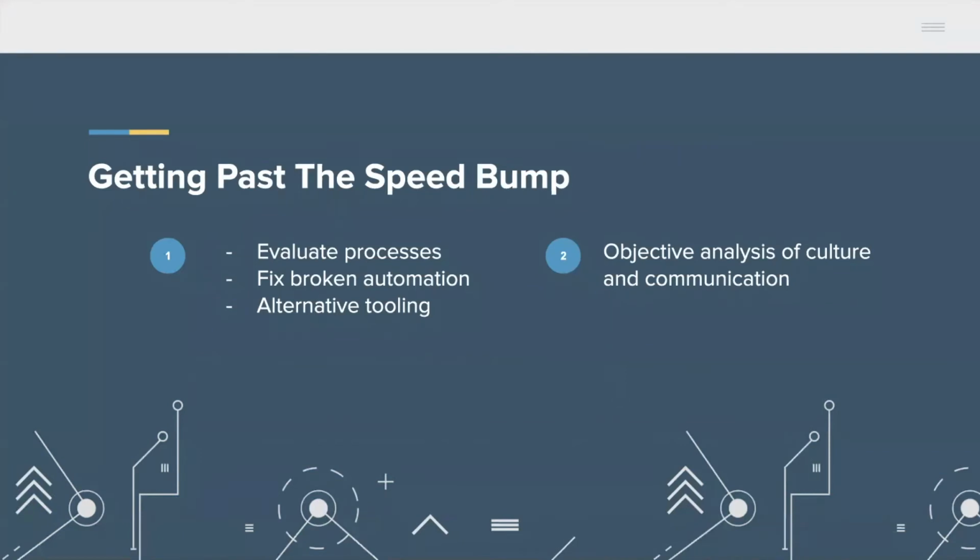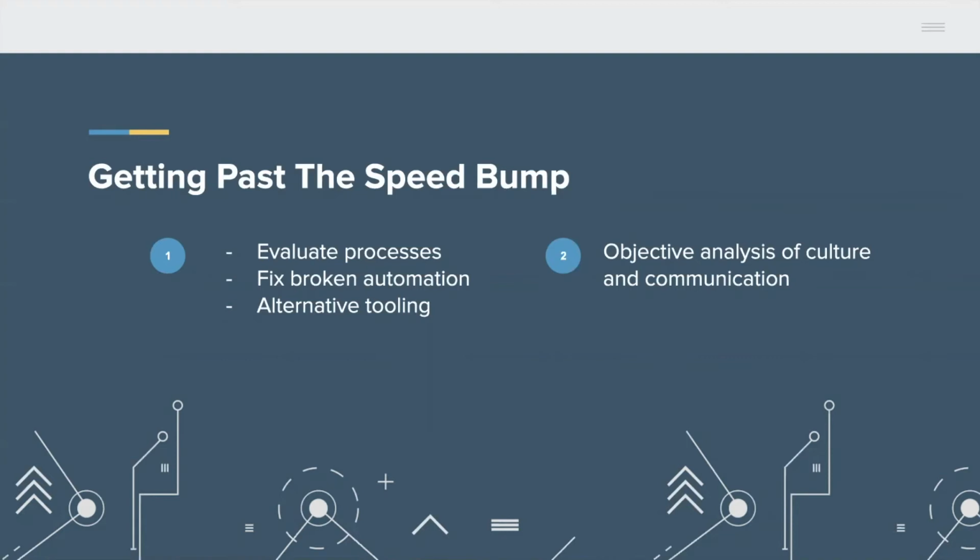Because bottlenecks are quite often not really bad per se. They're just not set up and designed to be streamlined from the get-go. The second thing to look at is the broken automation or immature automation tooling that I covered briefly on the previous slide.